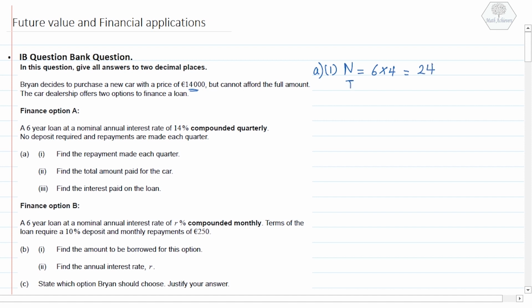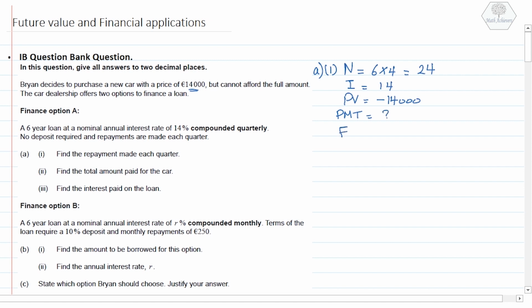And then the interest rate is equal to 14. And the present value, since it's a loan, Brian owes them, so it's negative 14,000. Since he owes, his account is negative. Now, the payment amount we don't know, we need to find it.